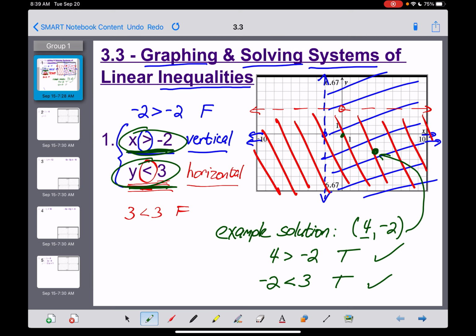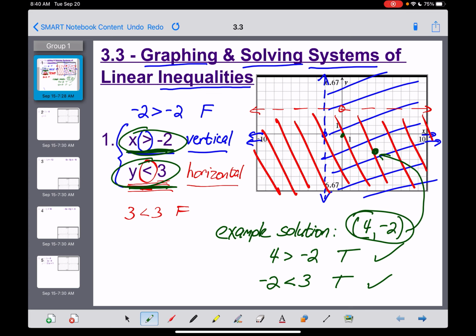Yes, it is. So that's a check as well. So this ordered pair, (4, -2), is certainly not the only solution, but it's an example of an ordered pair that satisfies both of the original two statements. But again, for these problems, your graph is really your answer to the question. You can't just list the answer because there's not just one answer. There's an infinite number of points that work.